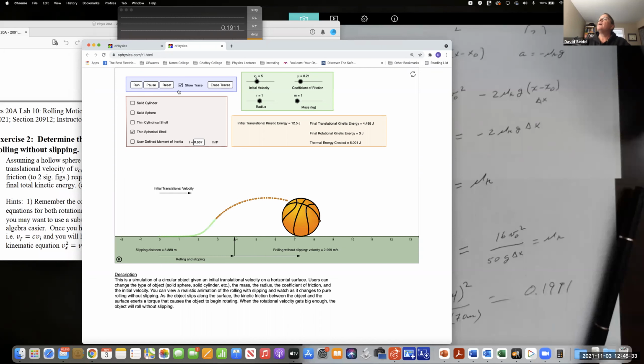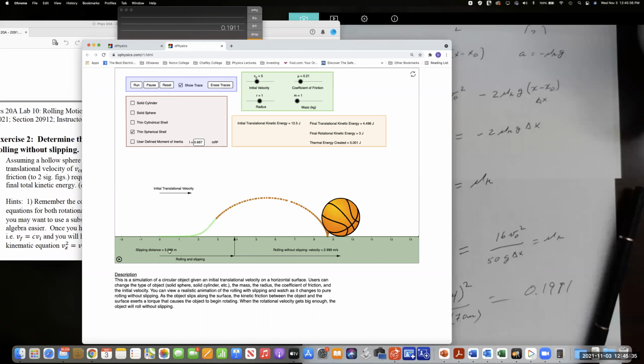So the center of mass, for instance, had an initial velocity of 5 meters per second, a coefficient of friction of 0.21, a radius of 1, a mass of 1 for a thin spherical shell. Don't worry about the fact it shows a basketball. We chose a thin spherical shell, which is kind of a basketball. And it slipped 3.88 meters before it was fully rolling without slipping.